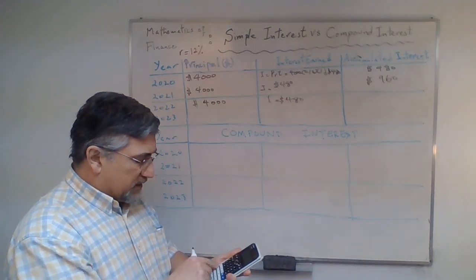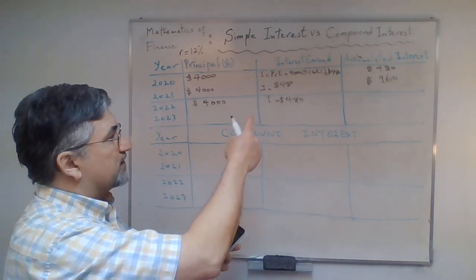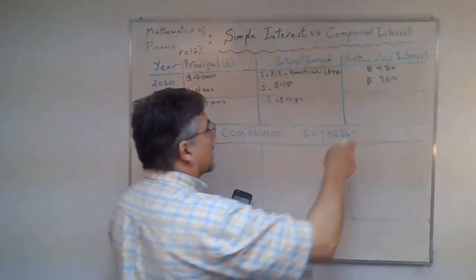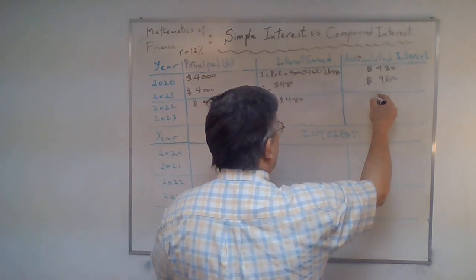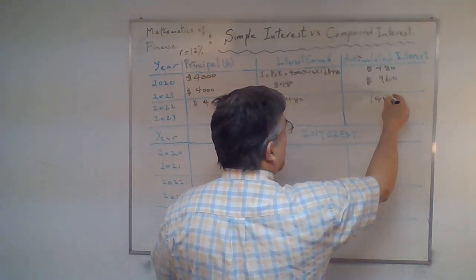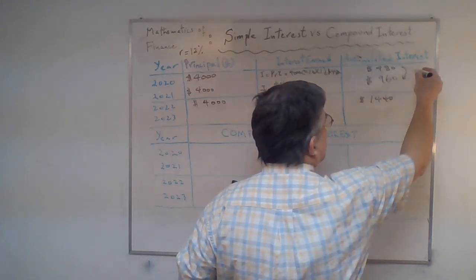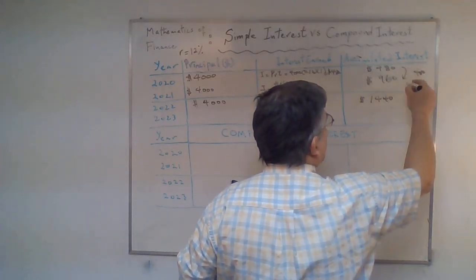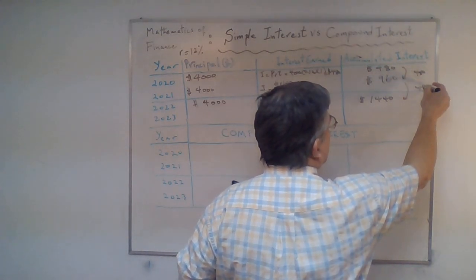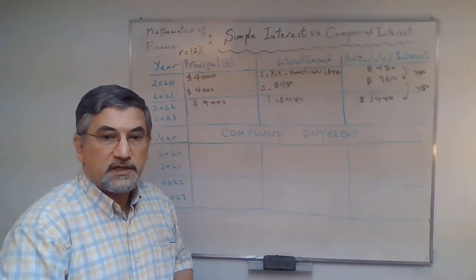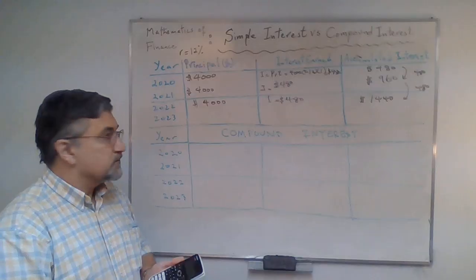So if I add another $480 to what you had accumulated before, so 960 plus 480, that would be $1,440. So we added a 480 there, and now we added another 480 here. So every year you are earning $480 simple interest.